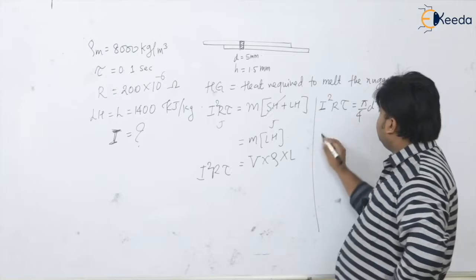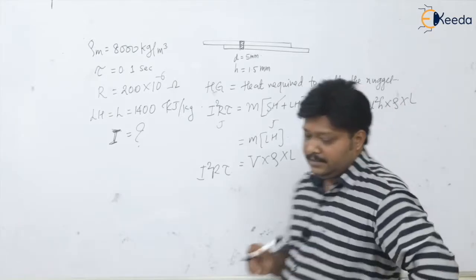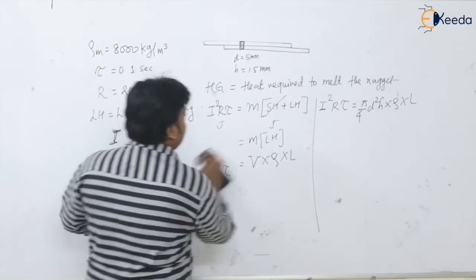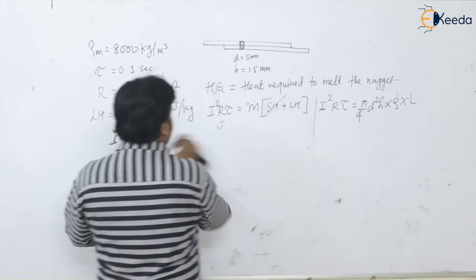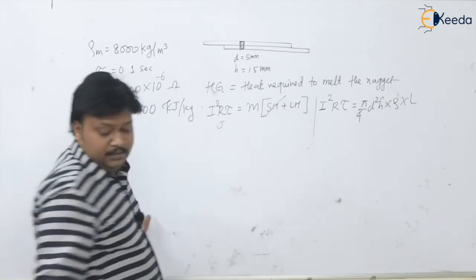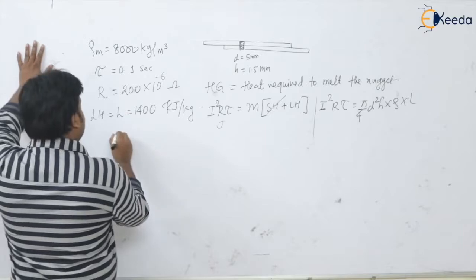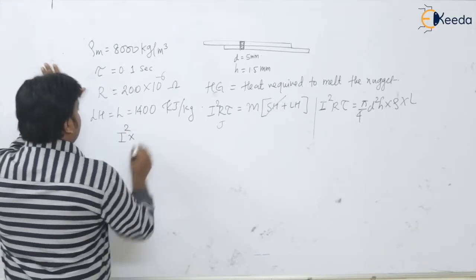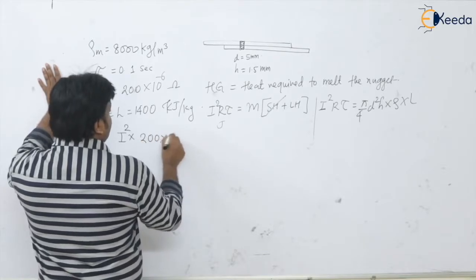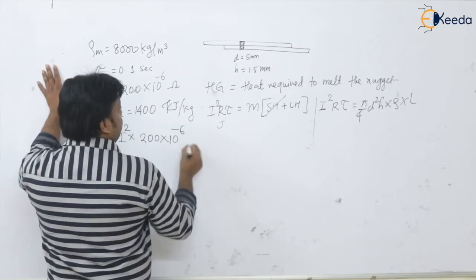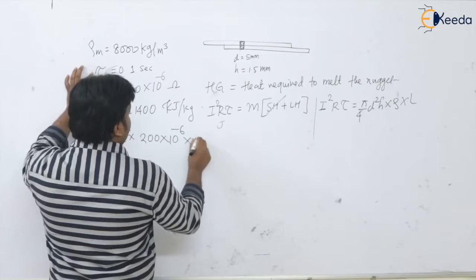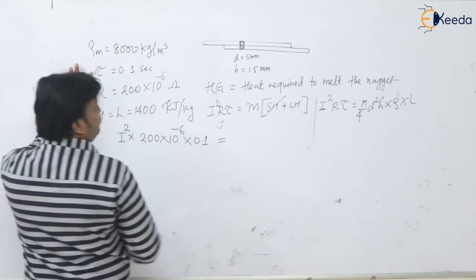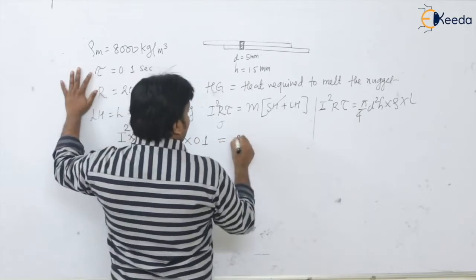So let us write here. I will write the values and then we can solve. So I square, I is unknown, I square into resistance, 200 into 10 to the power minus 6 ohm, into time 0.1, is equal to pi by 4. What is the diameter of the nugget?